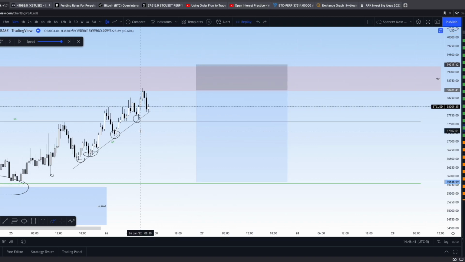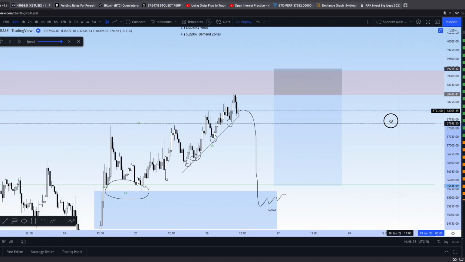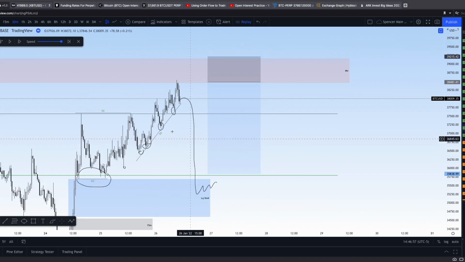So what we can see is there will most likely be a cascading effect to the downside, filling in that liquidity void, taking all this liquidity on the way down, and then from there we'll let price play out and do its thing. But we can see its clear objective right now.